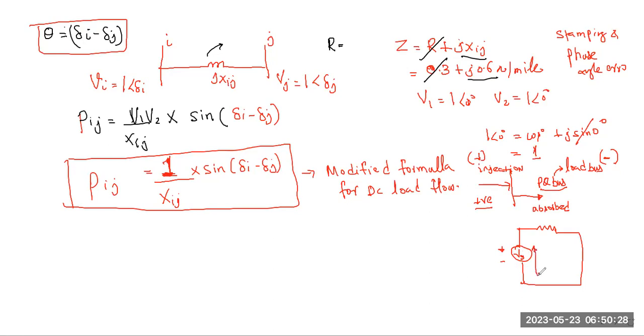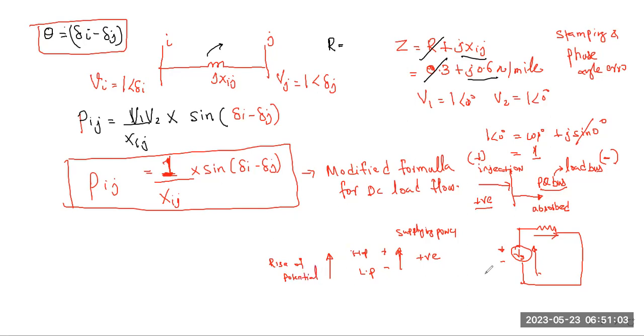Here the voltage source is supplying power, and this direction of supplying power is considered positive, because this is minus, meaning lower potential, and plus means higher potential. So the current is moving in the rise of potential, in the direction of rise of potential.